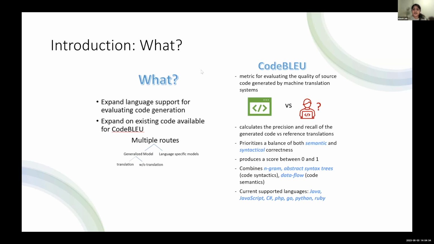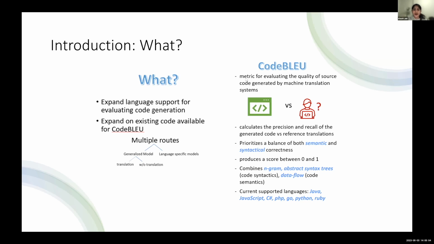However, with the new CodeBLEU metric, they have incorporated something called abstract syntax trees and data flow, which correspond to the code syntactics or the logic, as well as the code semantics, which is whether it intuitively makes sense. And as I said, there's only support for evaluating generation in Java, JavaScript, C Sharp, PHP, Go, Python, and Ruby.